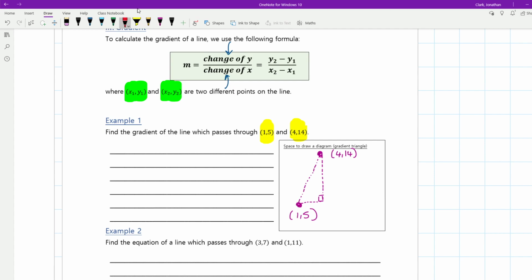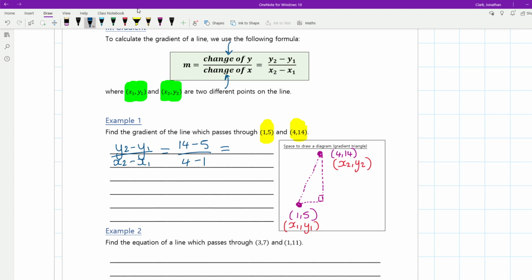Here is one of the coordinates. It's got an x part and a y part. And here is the second coordinate. It's got an x part and a y part. So if I put all of this into the formula, y2 take away y1 divided by x2 take away x1, I'm going to have 14 take away 5 on the top of my fraction, and 4 take away 1 on the bottom.